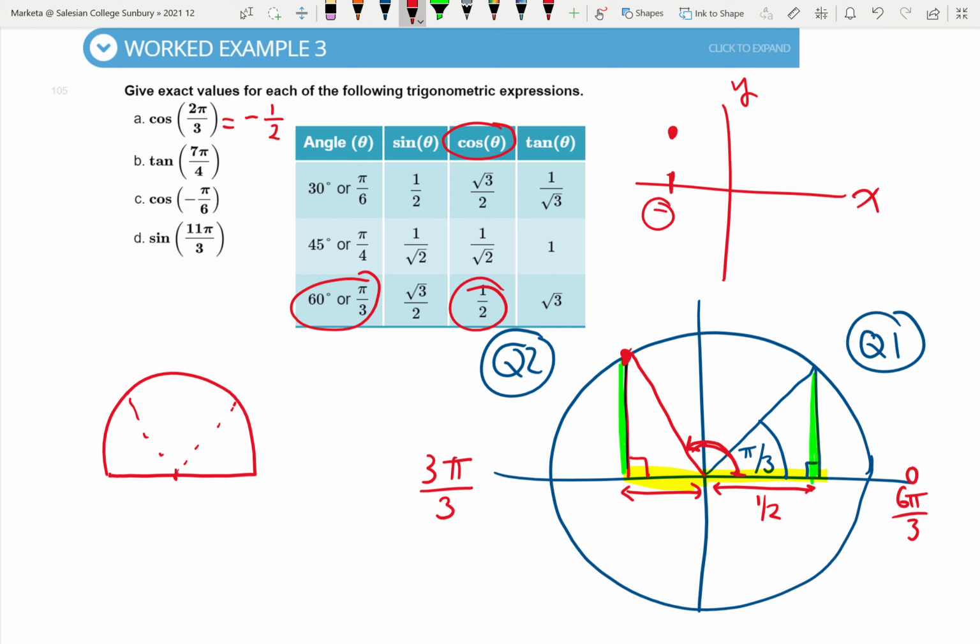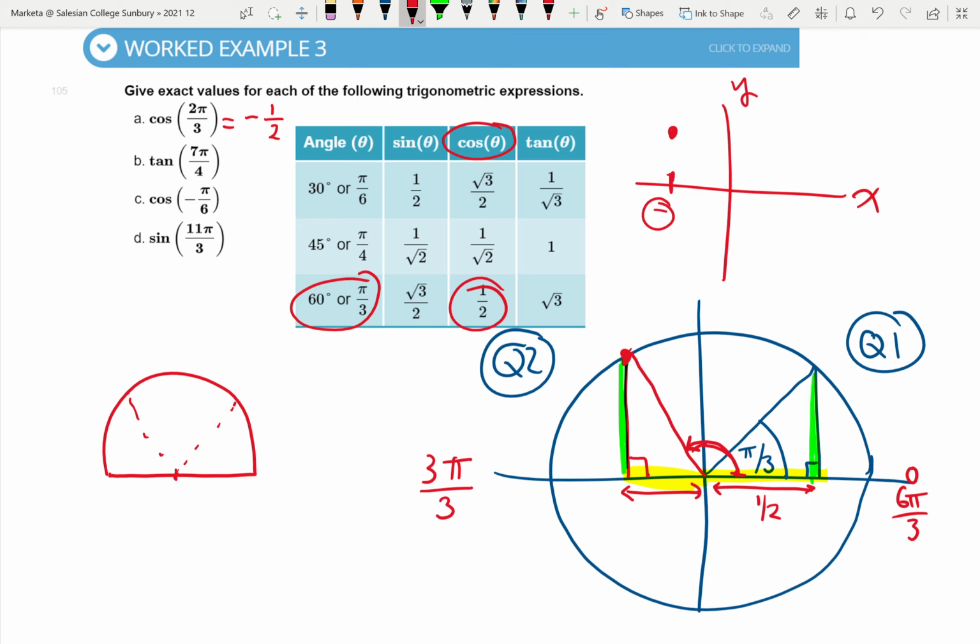So the important points there are: step 1, choose the basic angle, which you would find in the table of exact values. So if it's pi on 6 or pi on 4 or pi on 3, choose which one that's going to be. Step 2 would be to move that triangle into the appropriate place. So in this case, it would be quadrant 2.